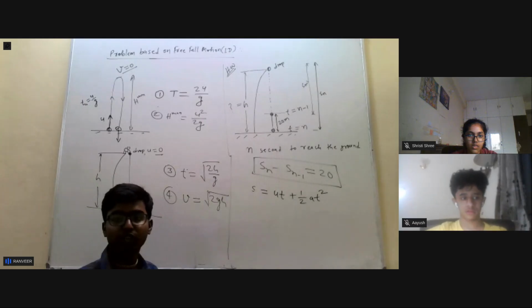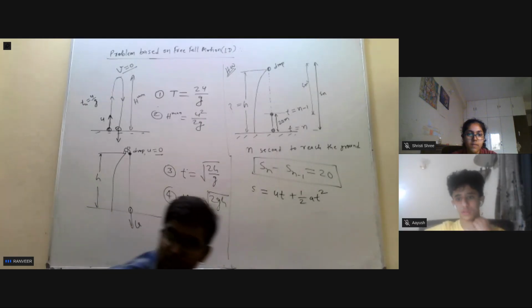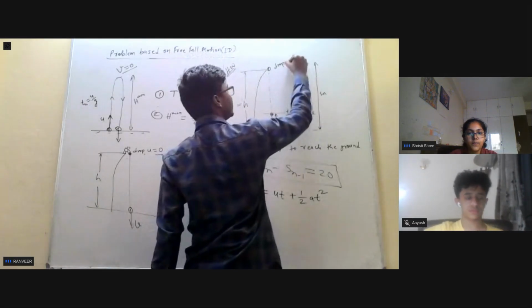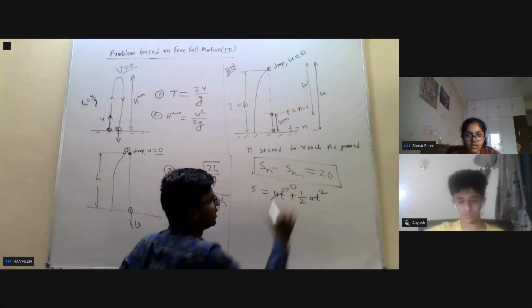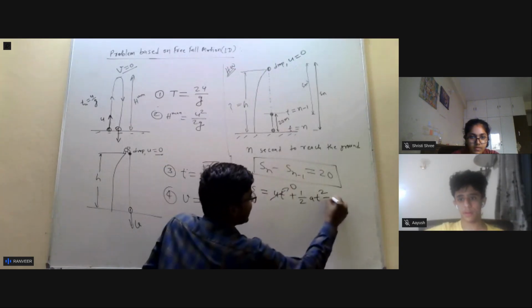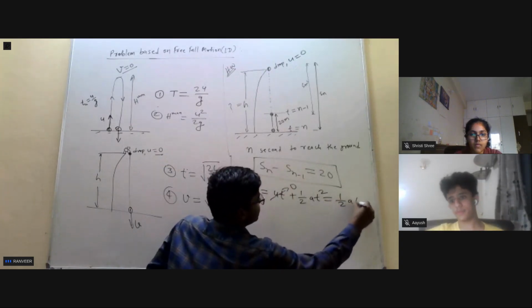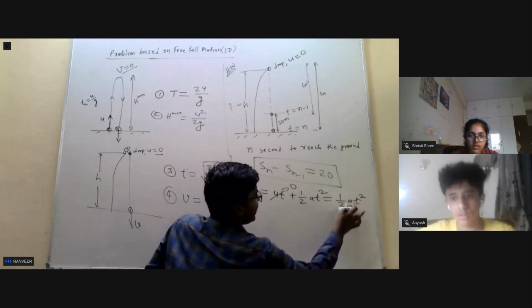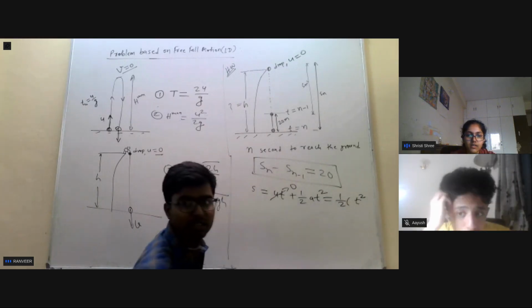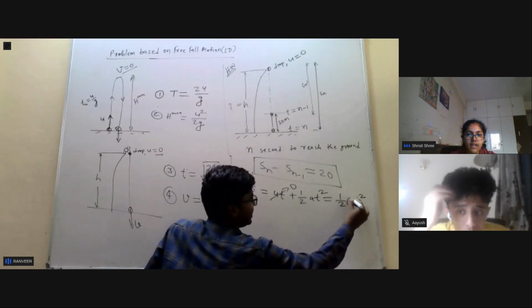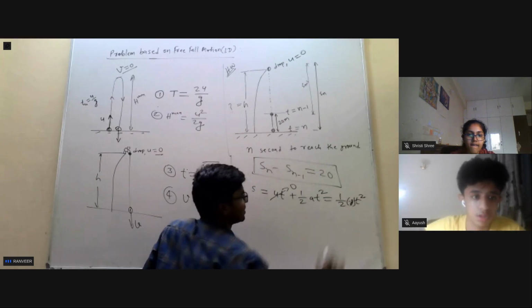Dropping a ball means u equal to 0, so the first term will become 0. Actually it's half at square. Correct? And a means minus 10, minus g.